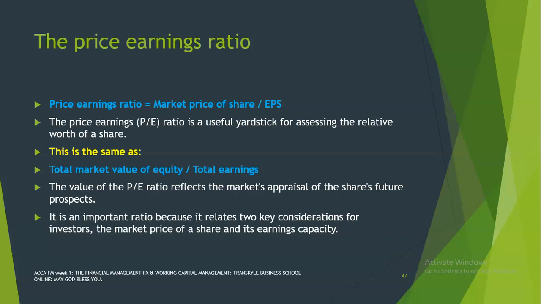The price earnings ratio is equal to market price of share divided by EPS. Market price of the share divided by the earnings per share. So the price earnings ratio is a useful yardstick for assessing the relative worth of a share. This is the same as total market value of equity divided by total earnings.